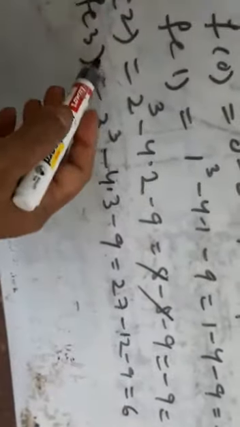Negative, positive: we see the functional values, that is f(2) is negative and f(3) is positive.